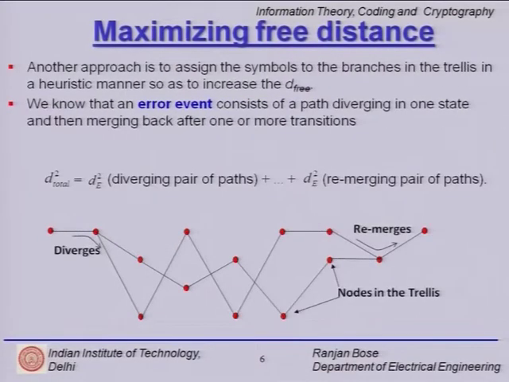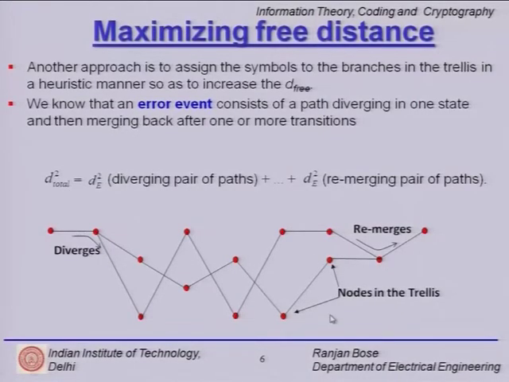So, we looked at how to maximize this free distance while designing good trellis coded modulation schemes. For that we decided that the error event is when we diverge like this, then go through the trellis for a couple of hops and finally merge back.